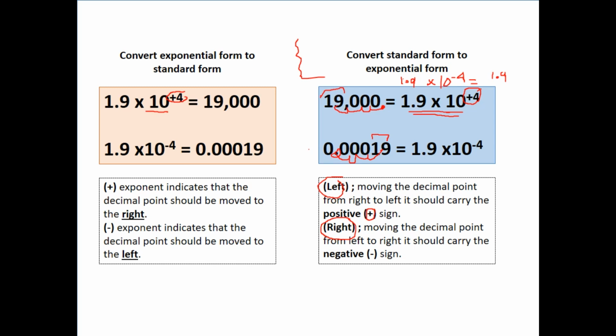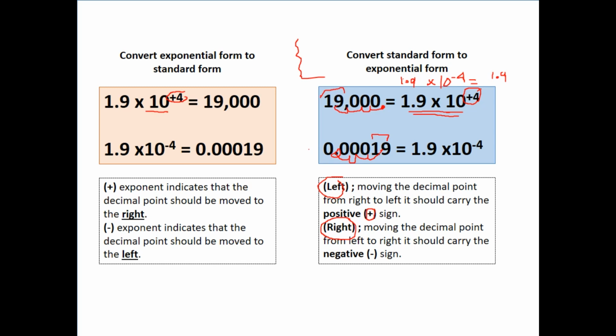Since again, if we are going to write an exponential form, we will not include the 0 because we are going to write times 10 anyway. And we count how many places we move the decimal point. So this is a challenge and this is the opposite of the other one. Since we have 1 and 9 as our coefficient, even if we convert it to exponential form, it is still equal to 19,000.